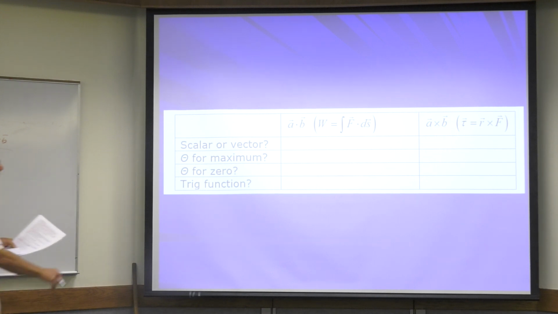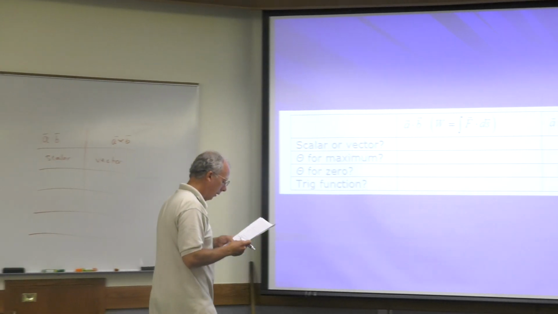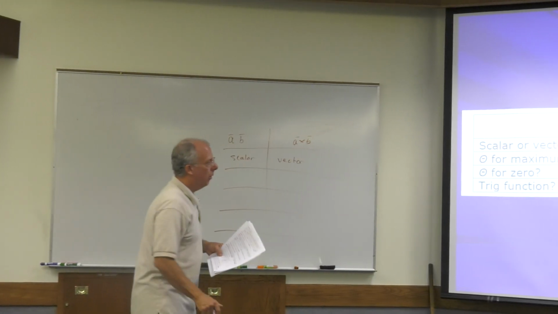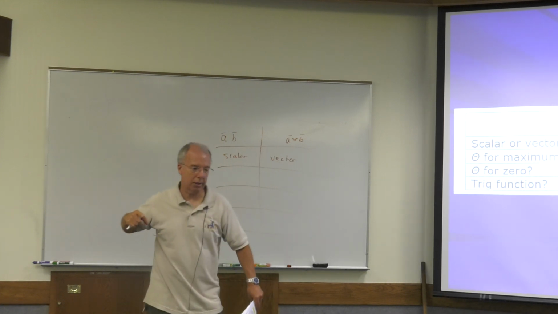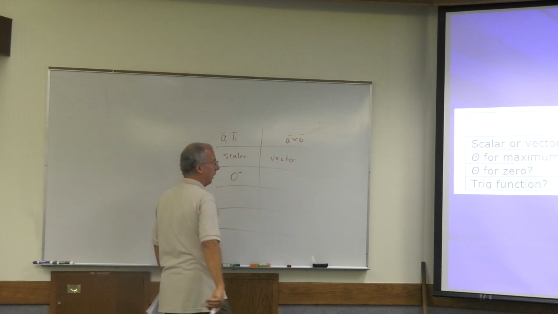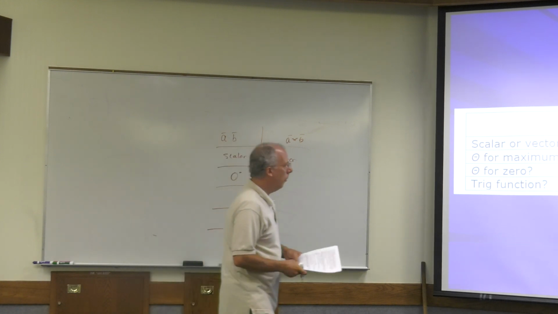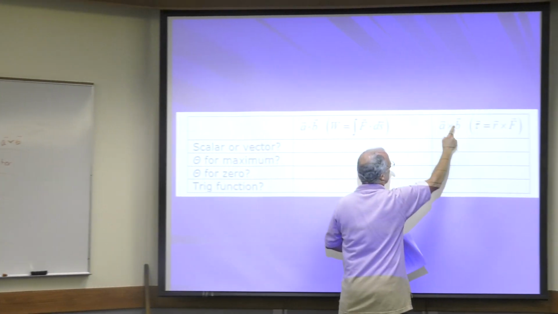All right. For what angle will this be a maximum? So think of work, right? If you want a lot of work, the force is in the same direction as displacement, right? So 0 degrees. Now, where is this going to be a maximum? Remember, this is cosine. This is sine.